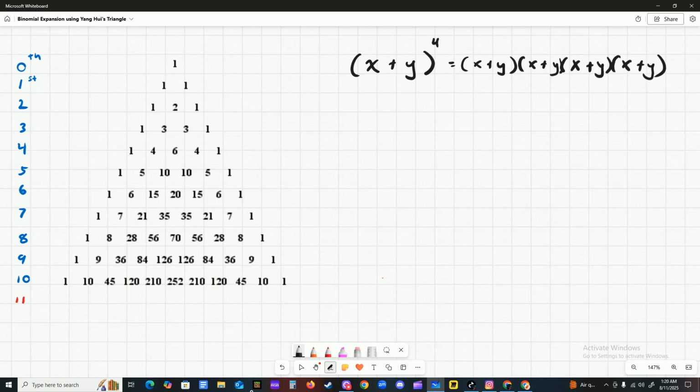If you want to multiply this out the old-fashioned way, be my guest. But I'm telling you right now, it's going to be very, very difficult. This is how you do it, using Yang Hui's triangle. So I notice first that I'm looking at the 4. So I'm going to go to the fourth row on my triangle, and we're going to use that. So the fourth row is this one right here.